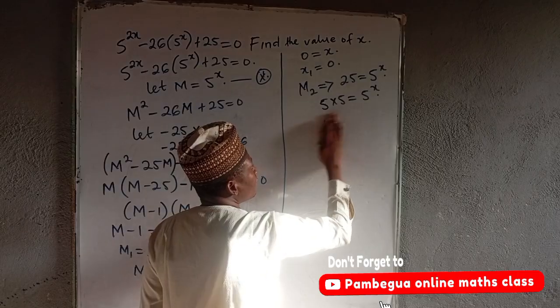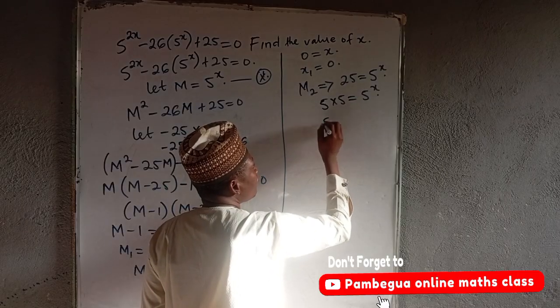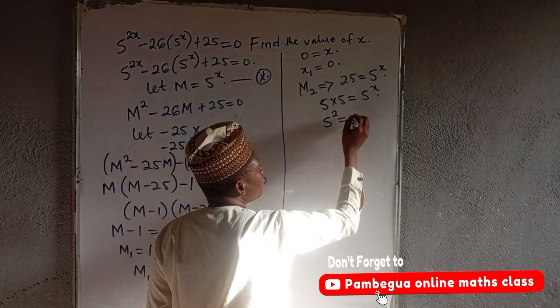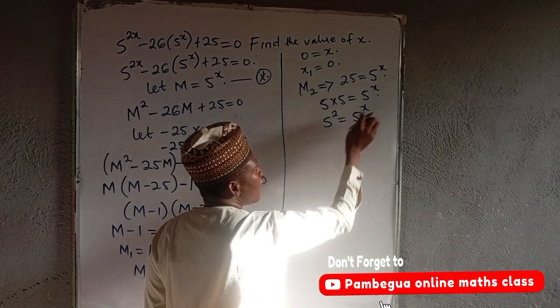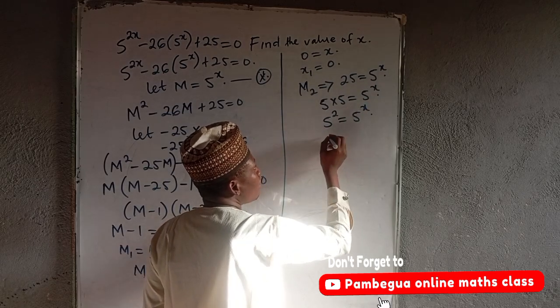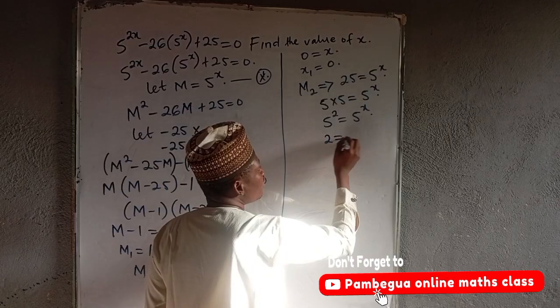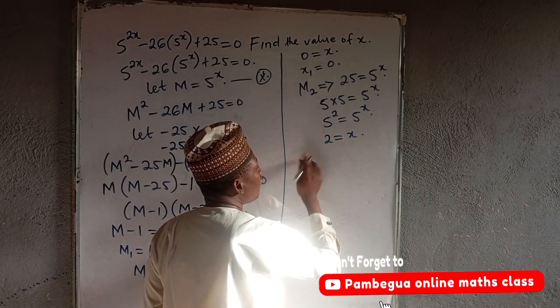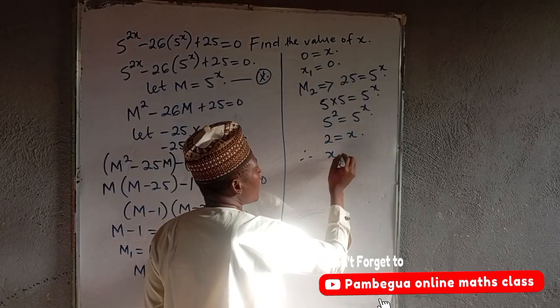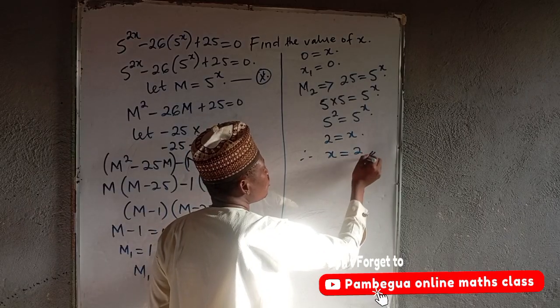With the same base, I can equate the powers by saying 2 equals x. Therefore, x equals 2.